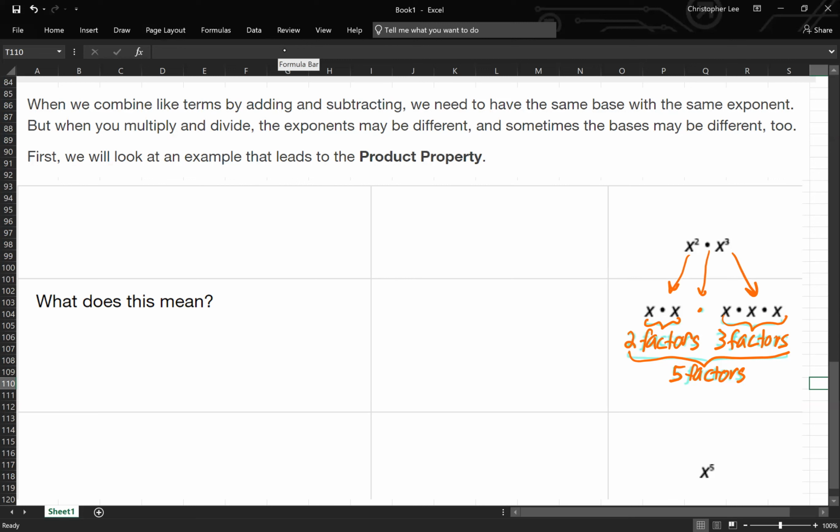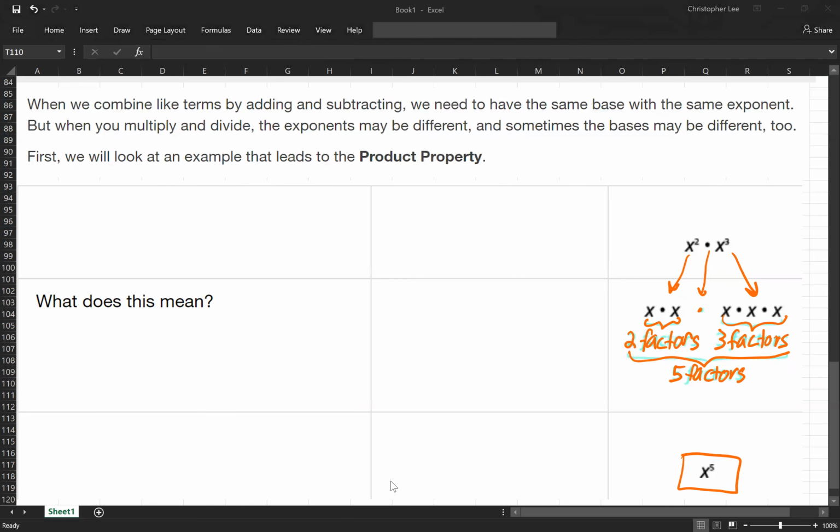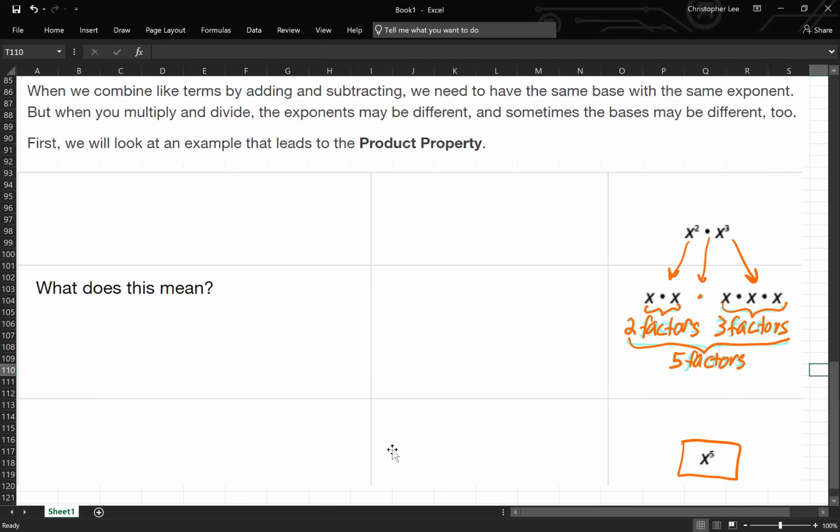Notice what my answer is right here. My answer is x to the 5. Right, exactly. So that's what I did to that power right there, right? I just added them. That's that secret right there. That's the sauce. All right.